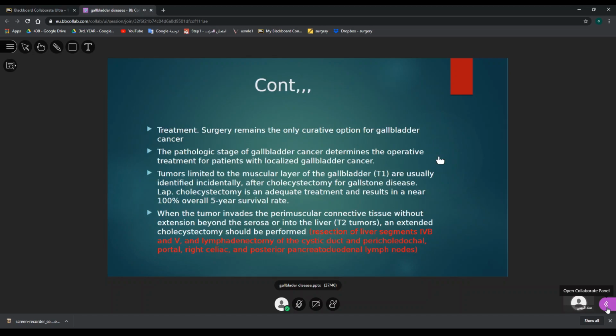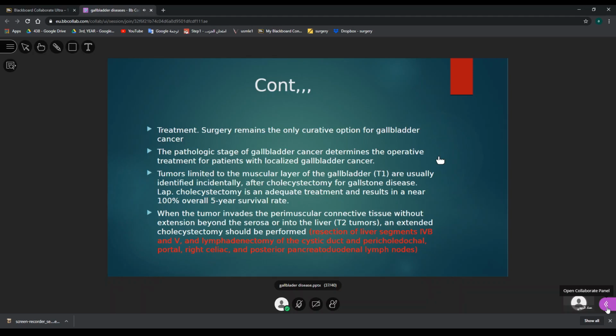The treatment is cholecystectomy with something more, which we call extended cholecystectomy. Extended cholecystectomy means taking the gallbladder out, resection of segments 4B and 5 of the liver, and lymphadenectomy of the cystic duct, pericholedochal lymph nodes, portal, right celiac, and posterior pancreaticoduodenal lymph nodes.